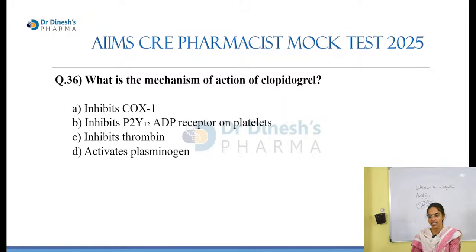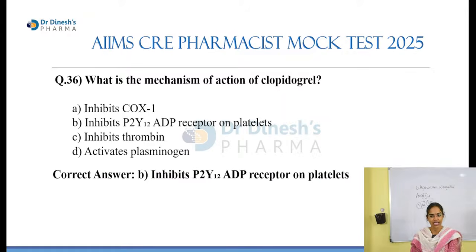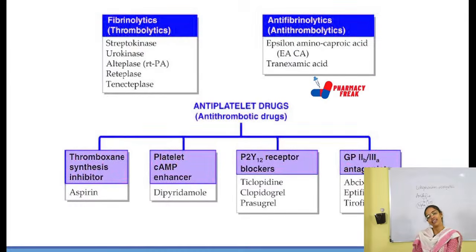Next slide please. Here we will see a quick classification: fibrinolytics, antiplatelet drugs, and antifibrinolytics. Fibrinolytics are also known as plasminogen activators. We have plasminogen activators in fibrinolytic drugs, like alteplase, reteplase, tenecteplase, etc. These are all known as tissue plasminogen activators, tPAs.